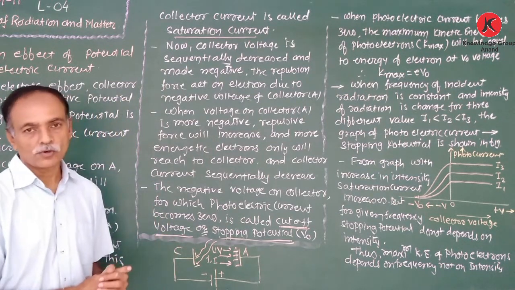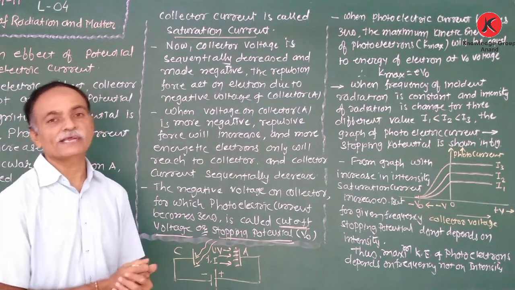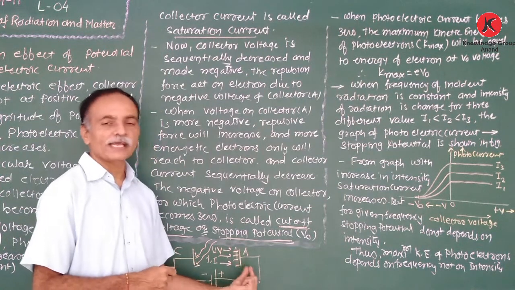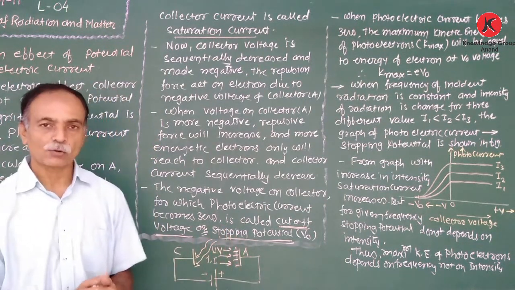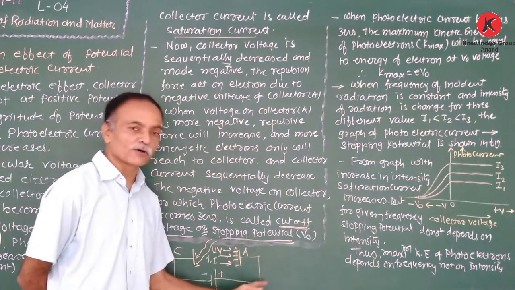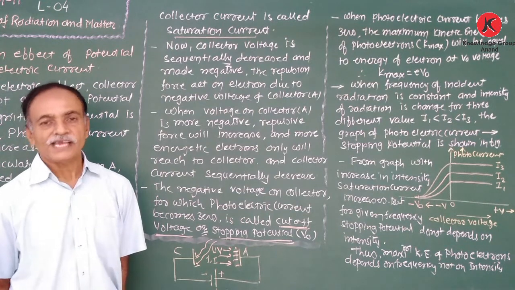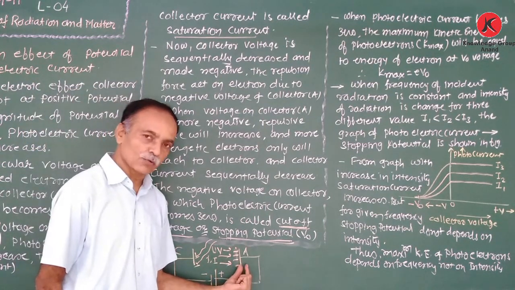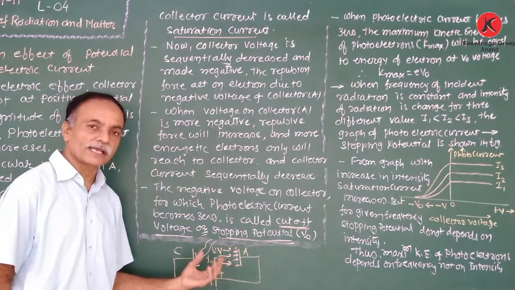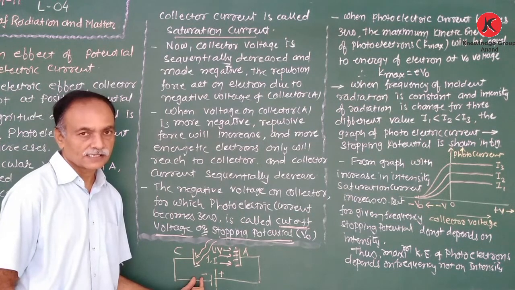After that, we decrease the potential on A and make it negative. Due to the negative potential on A, a repulsion force acts on the emitted electrons. Therefore, the photoelectric current decreases. As we increase the negative potential on A, more repulsion force acts on the emitted electrons, so the photoelectric current decreases.